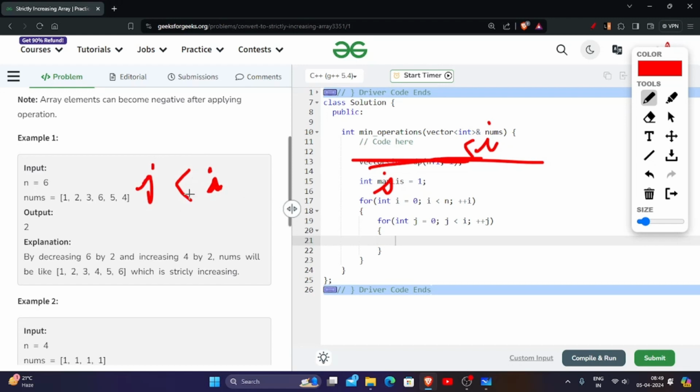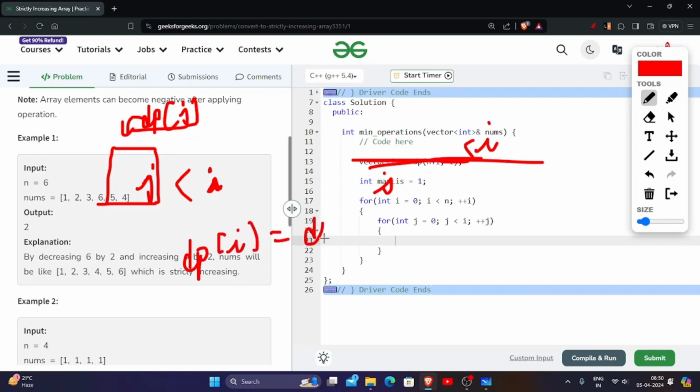If this is the condition, I ask j what is the maximum subsequence you are already forming. That answer is already in dp of j. So when I add i, because i follows that condition, dp of i would be the value at dp of j plus 1, because I myself am added to the subsequence.